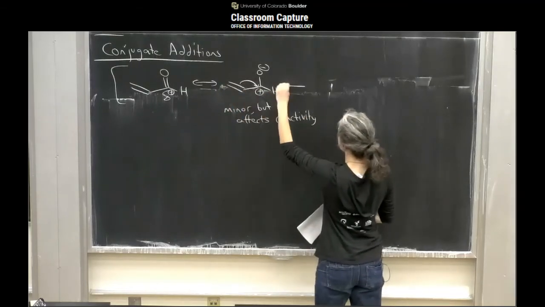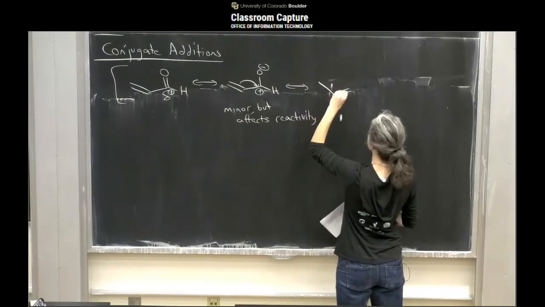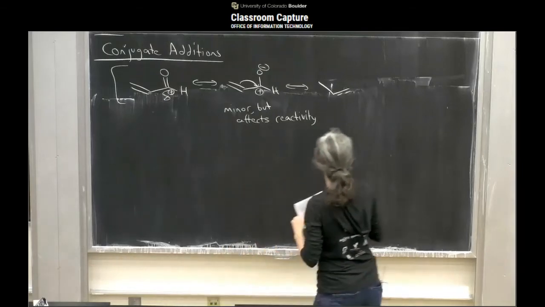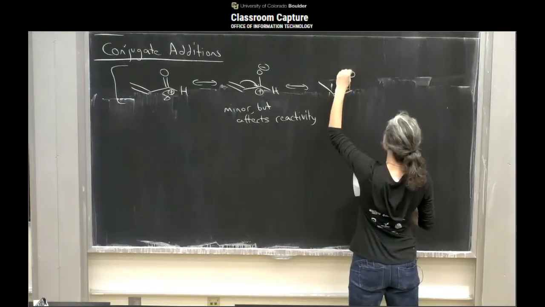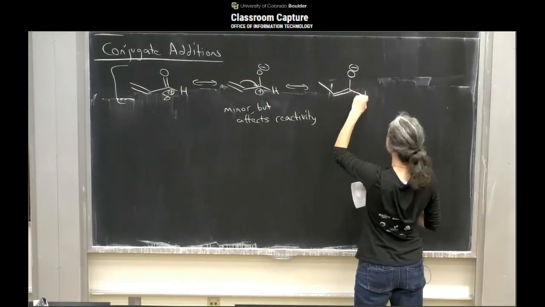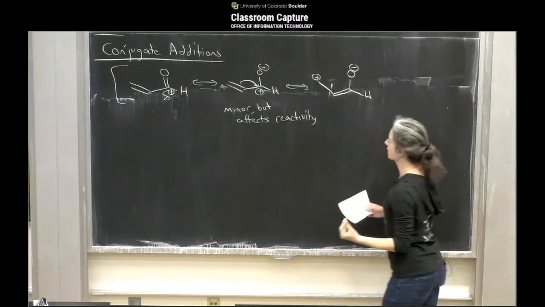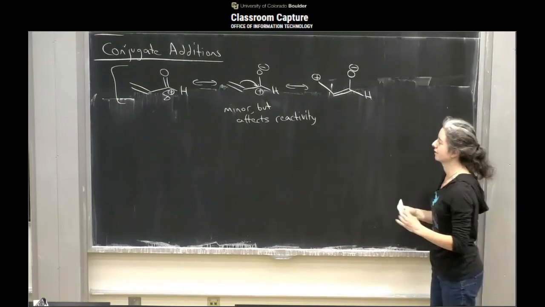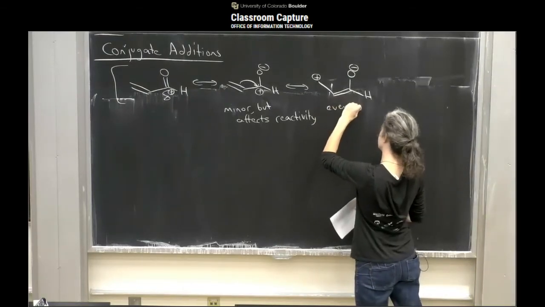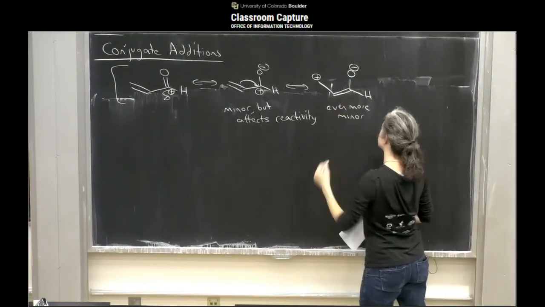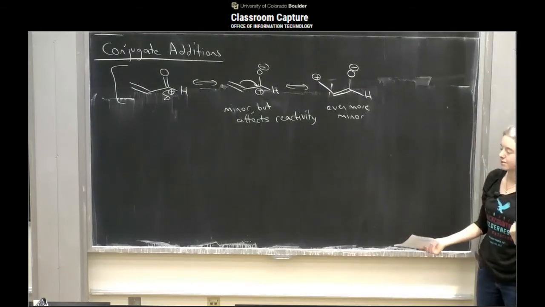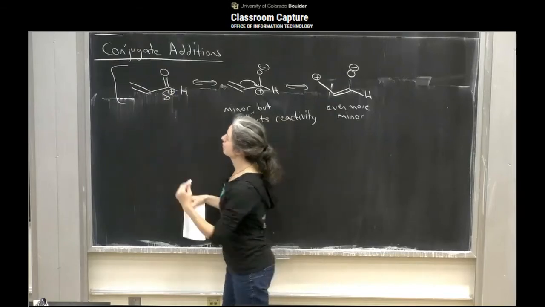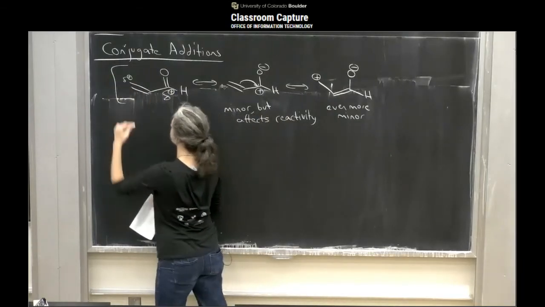We can actually move that around to get it out to here. And these are looking increasingly unlikely, but there's still some charge distribution out there. So even more minor, but still significant enough that not only do we have a delta positive on this carbon, we also have a delta positive out on there.